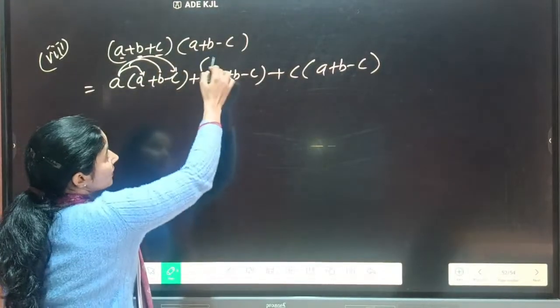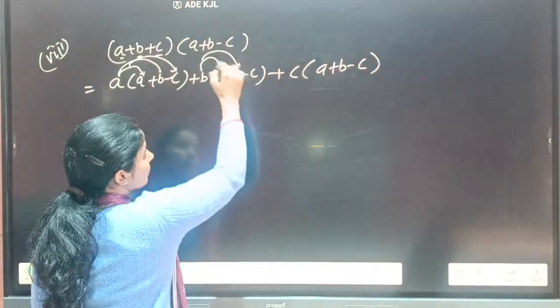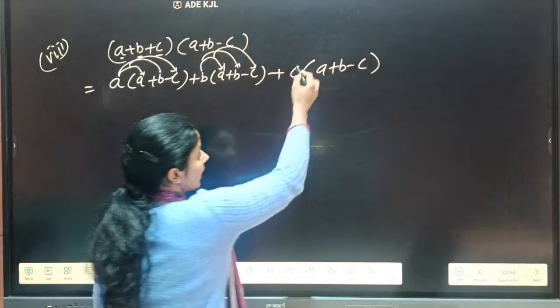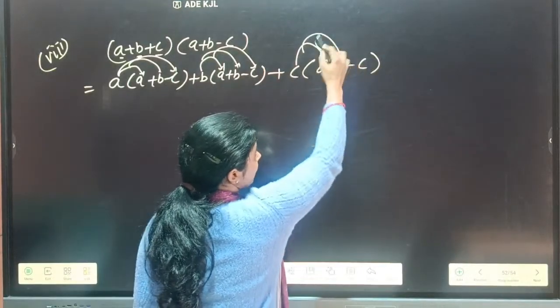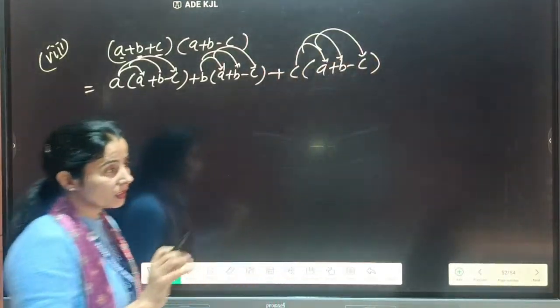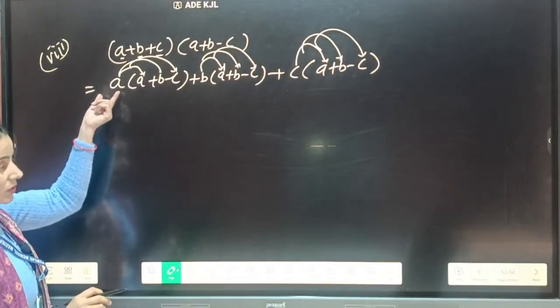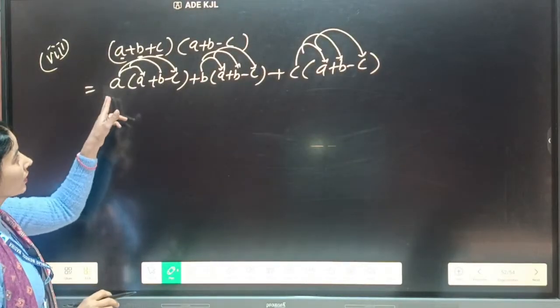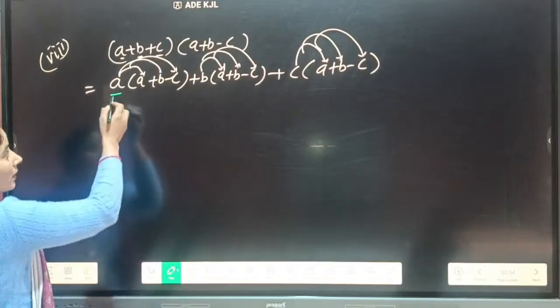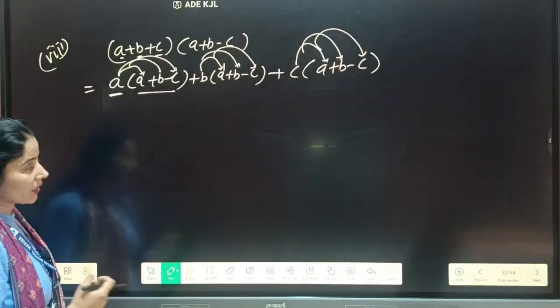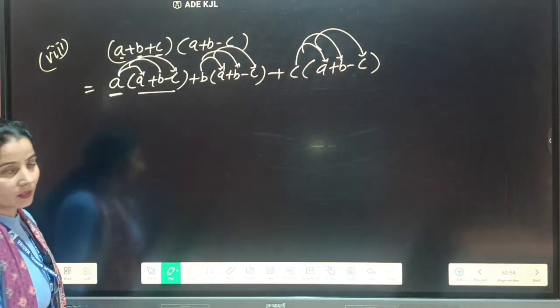Similarly, this b will be multiplied with a, then with b, and then with c. And here c I have to multiply first with a, then with b, and then with c. So each term must be multiplied; the coefficient before the bracket must be multiplied with each term of your trinomial, binomial, whatever be given.